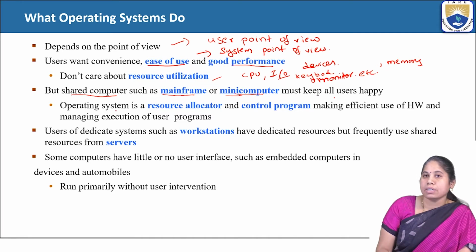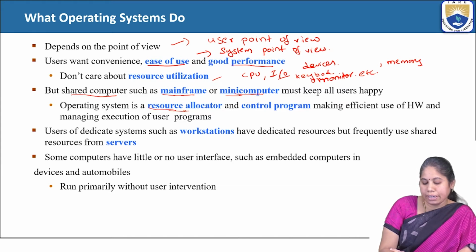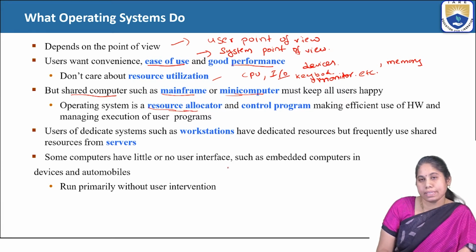So the first is in that managing roles, it will identify how efficiently the resources can be used. Resource allocator. The first functionality of the operating system is that it is a resource allocator and control program, making efficient use of hardware and managing execution of user programs.